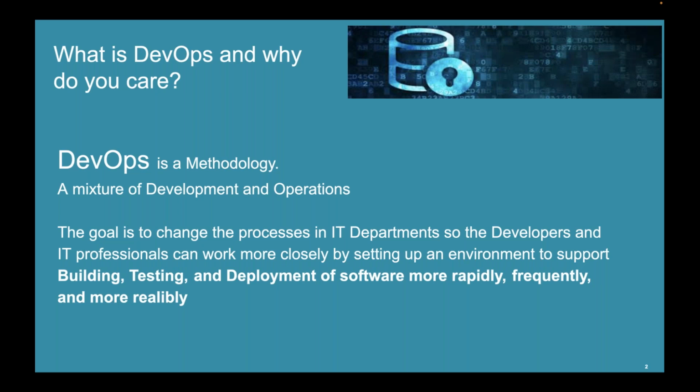The goal was to change the processes in IT departments so that developers and IT professionals were communicating and collaborating. They needed to set up environments supporting the dev process for building, testing, and deploying their software, and they wanted to make sure their software was deployed more rapidly, more frequently, and more reliably.